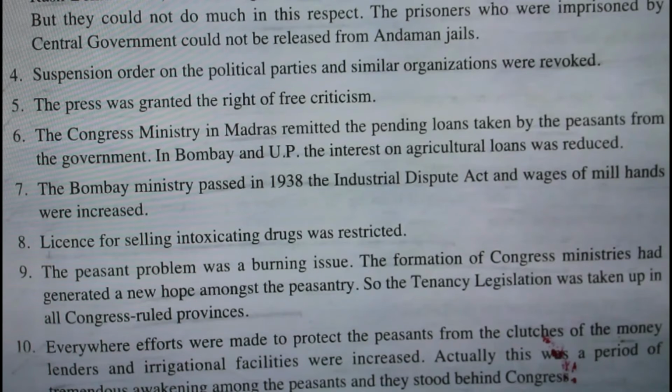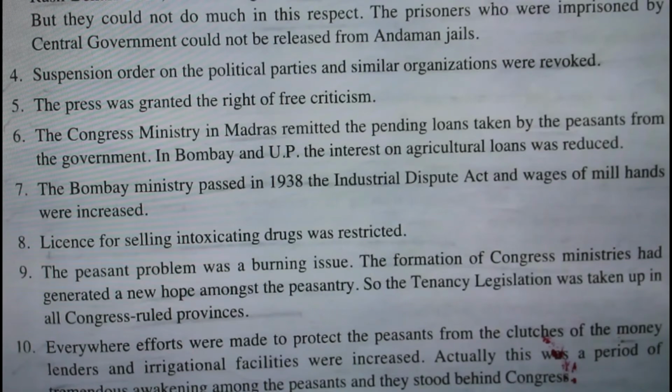The peasants' problem was a burning issue. The formation of Congress ministries had generated new hope among the peasantry. Every effort was made to protect the peasant from the clutches of moneylenders, and irrigation facilities were increased.